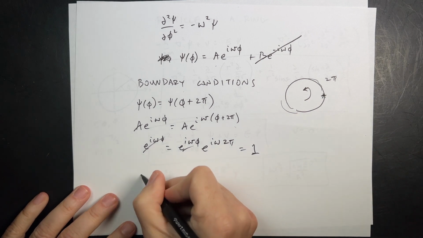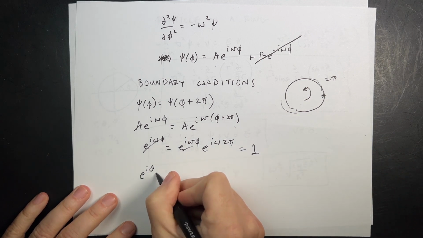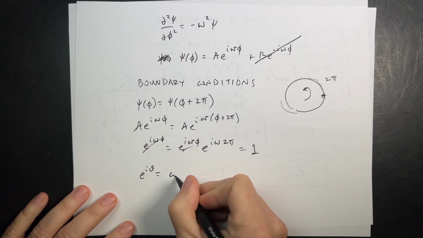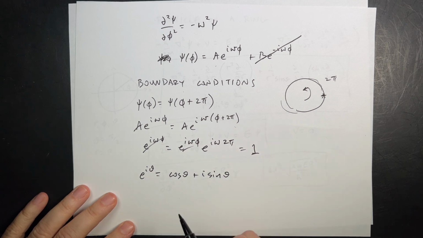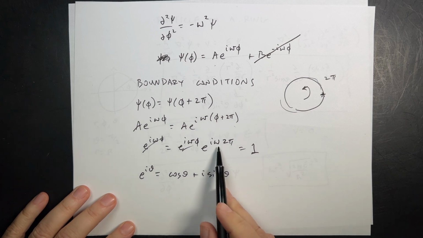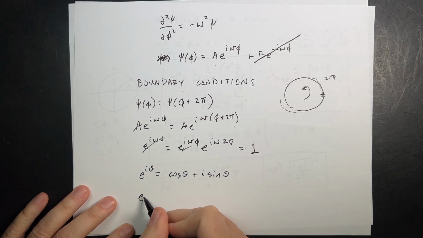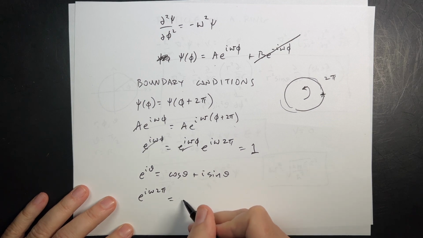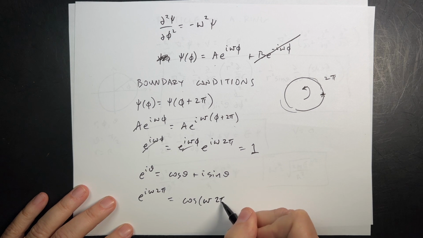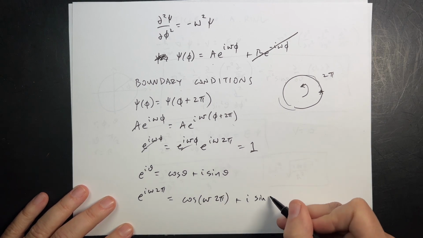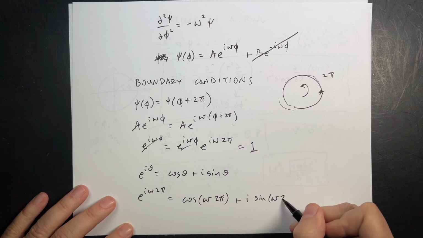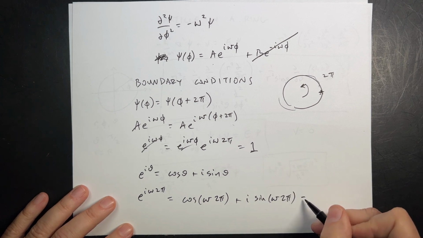If you remember, e to the i theta is cosine theta plus i sine theta. That's the Euler expression. So e to the i omega 2 pi will be cosine of omega 2 pi plus i sine omega 2 pi. And I want that to be equal to 1.